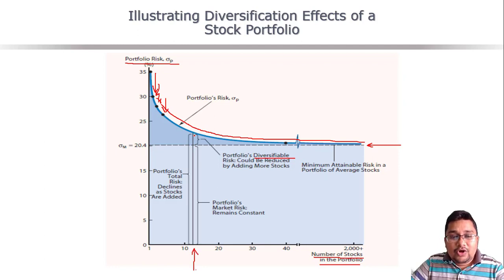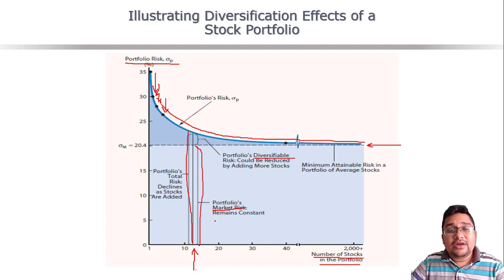For this portfolio we have total risk of this amount, and up to this amount of risk is non-diversifiable. This is sometimes called market risk or systematic risk or non-diversifiable risk, same thing. And this portion is called the diversifiable risk.